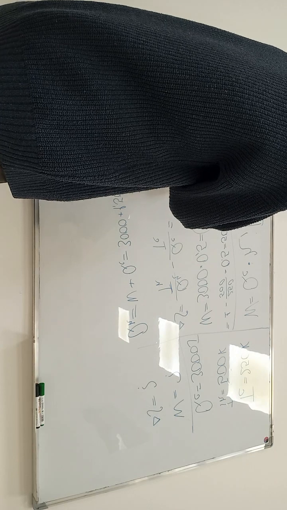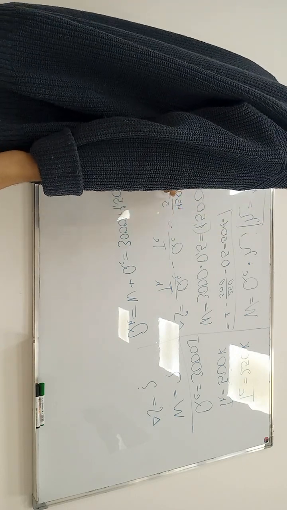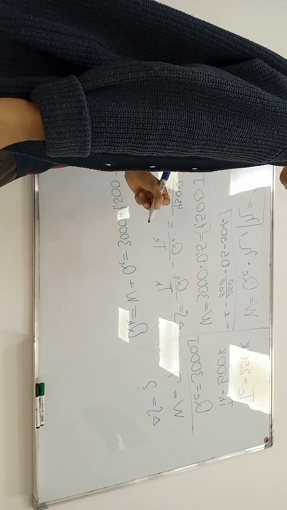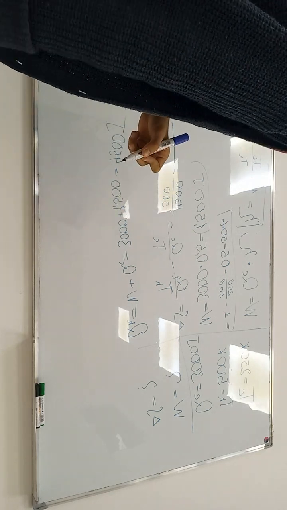So 4,500 divided by 500 minus, am I correct?